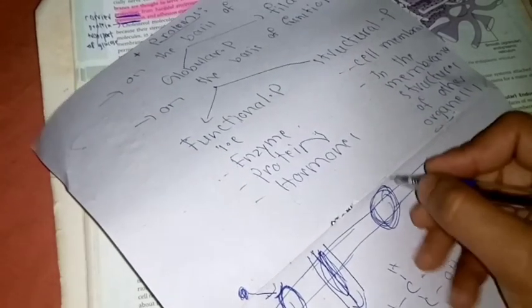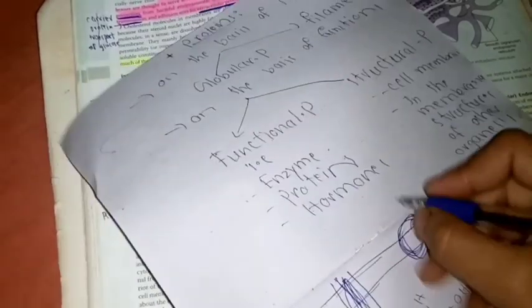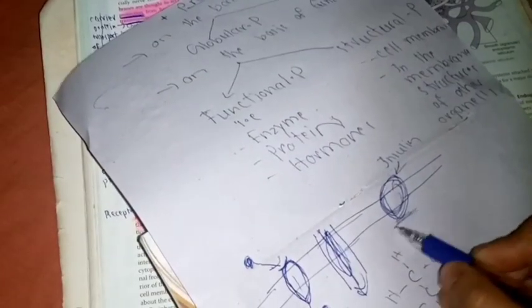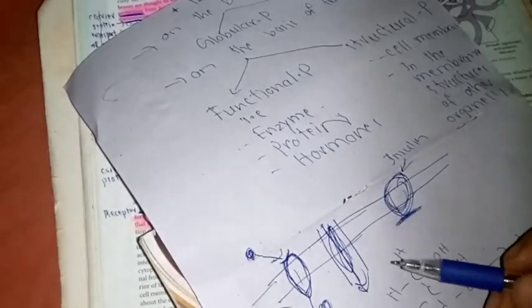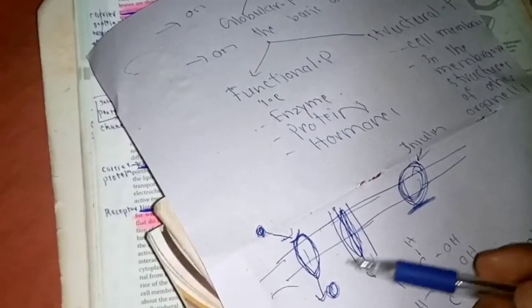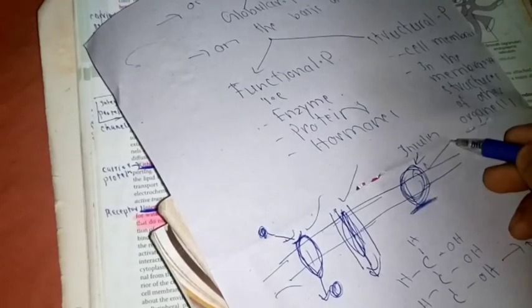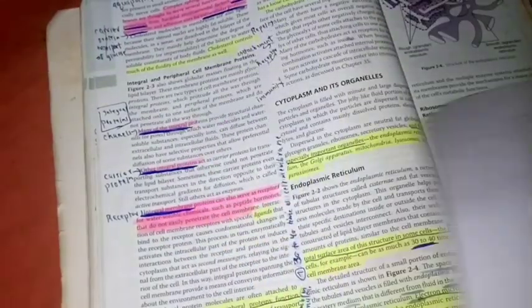If we take the example of the insulin receptor, the insulin will attach to this receptor, and this receptor will change the enzymatic machinery inside the cell and carry out the function. So the integral protein can act as a channel protein, a carrier protein, or a receptor.